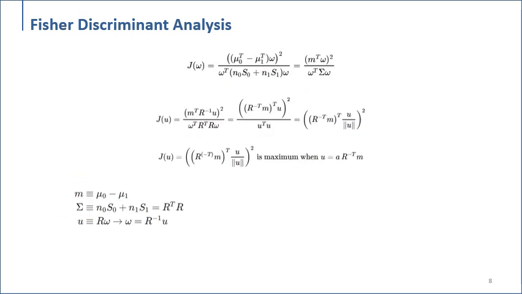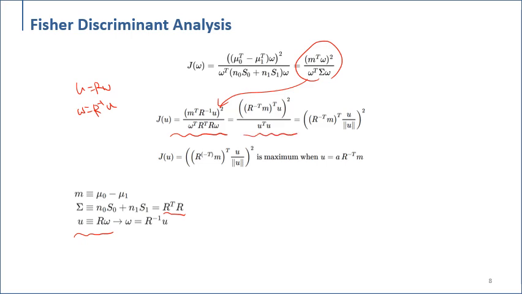So in our objective function, when we also rewrite this using this definition, from u equal to R omega, omega is nothing but R inverse u. By rewriting this, our objective function can be written like this.